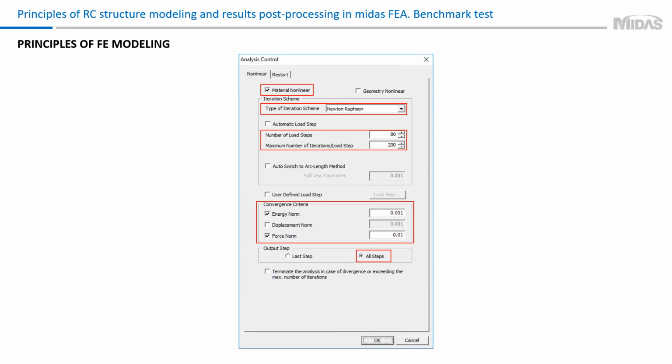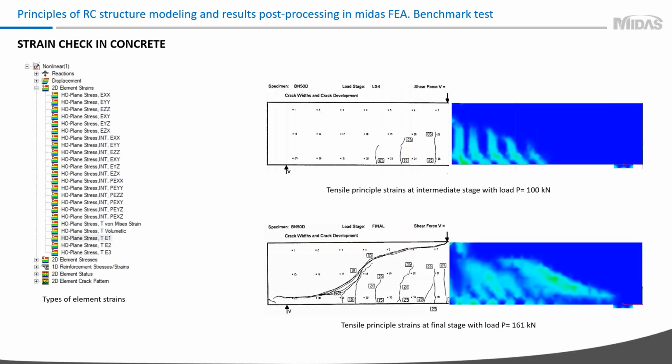Okay, now I would like to explain the results for you. The first result that should be considered is strains in concrete. Here are a set of strain types like normal strain, shear strain, Mises strain, and principal strains.